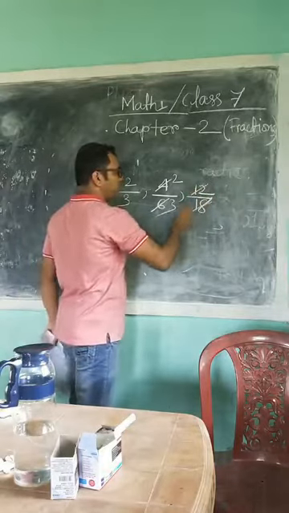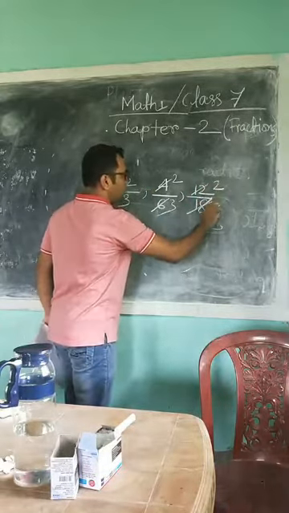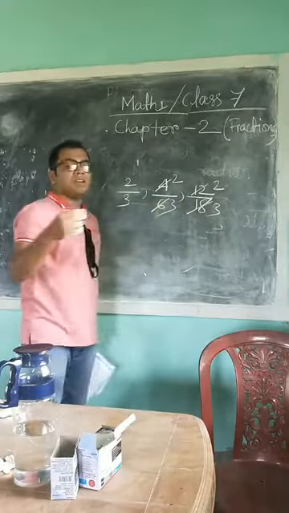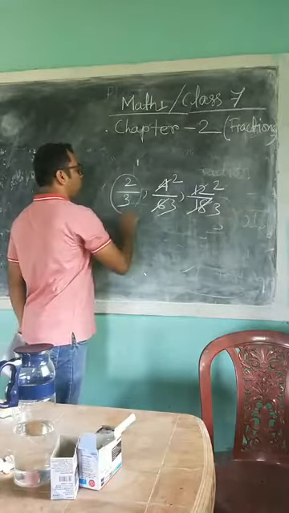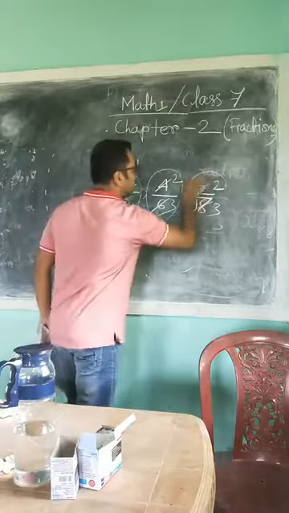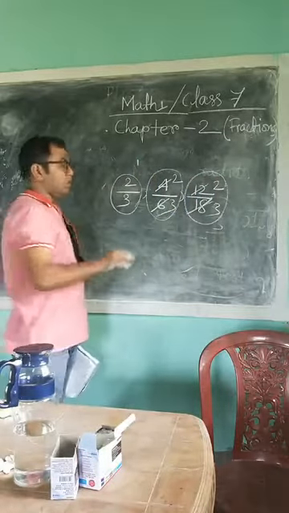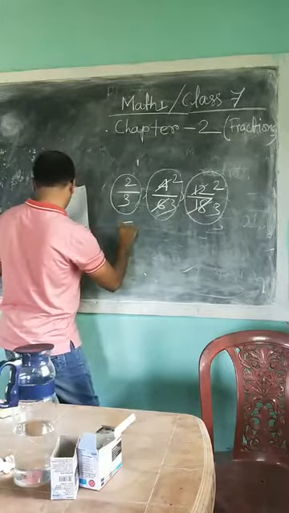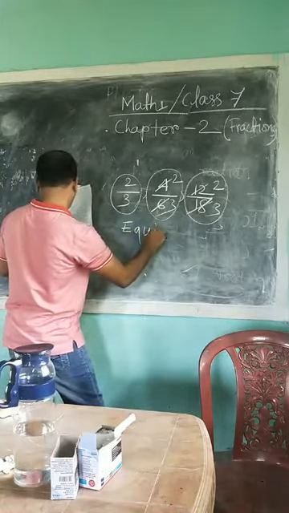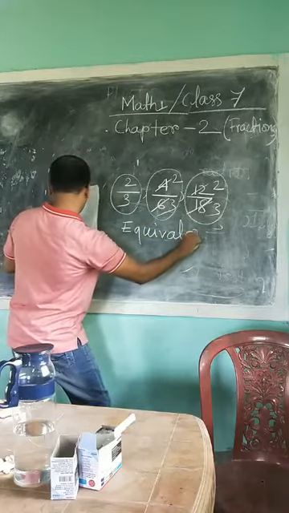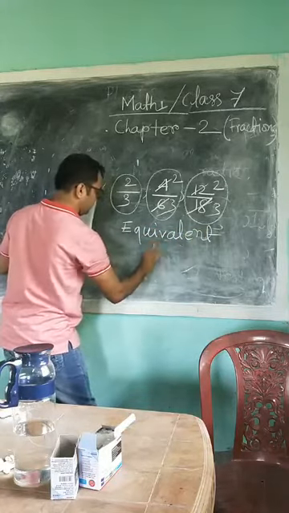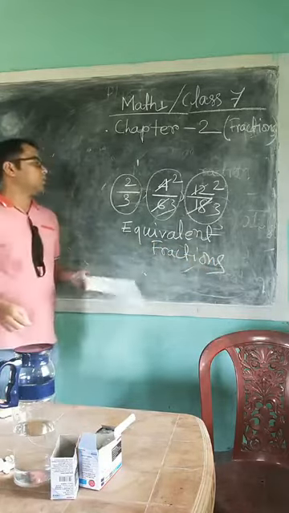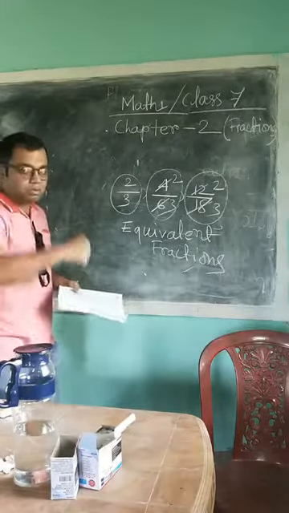If we divide these two numbers by 6, we will get 2 by 3. Ultimately, all these three fractions give us same result. That means the value of this fraction and value of this fraction and value of this fraction are equal. Then these fractions are called equivalent fractions. These are called equivalent fractions when values are same.